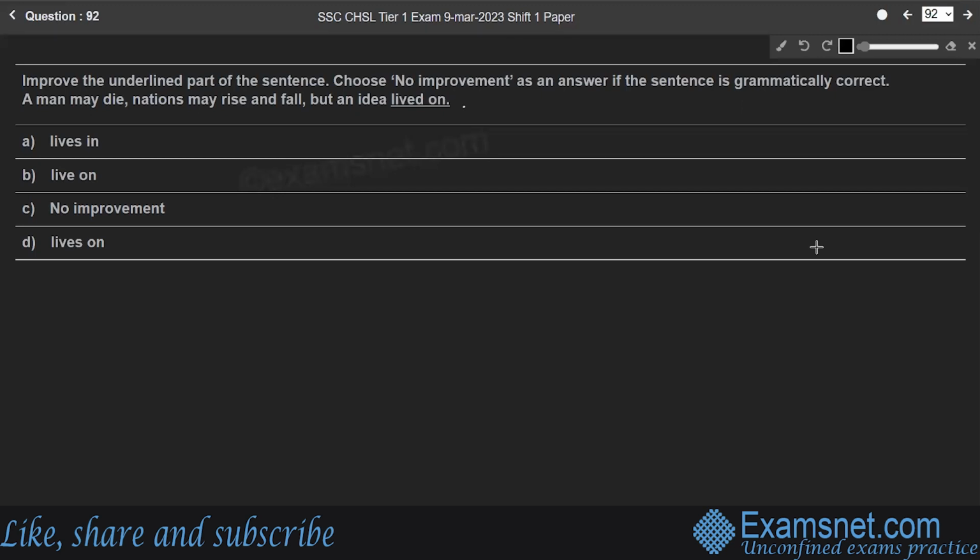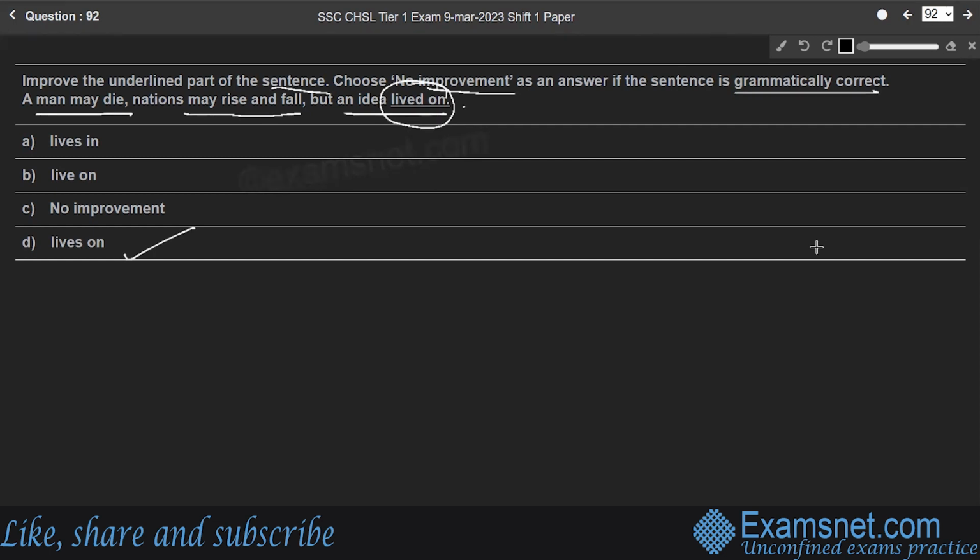Question 92. Improve the underlined part of the sentence. Choose no improvement as an answer if the sentence is grammatically correct. A man may die, nations may rise and fall, but an idea lived on. Here, "lived on" is the wrong form. It should be "lives on", so option B is the right answer, as it is expressed in simple present tense.